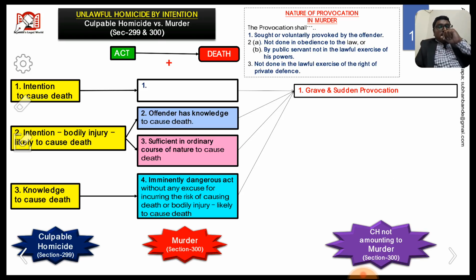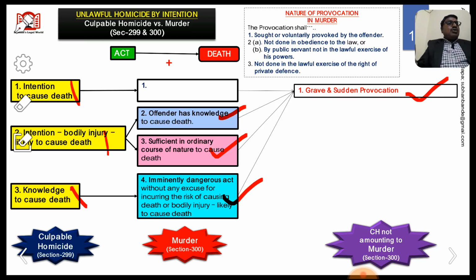If the accused causes the death of another person, even with intention to cause bodily injury, with the knowledge to cause the death, the offender has the knowledge that the act is sufficient in the ordinary course of nature to cause the death, that the act is imminently dangerous, but such act is done by the accused under grave and sudden provocation, then it is not a murder, it is a culpable homicide not amounting to murder. This is the first kind of culpable homicide not amounting to murder.